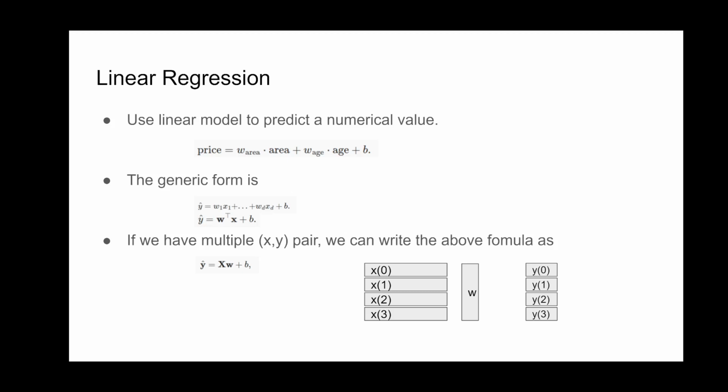We can collect a lot of samples from historical data to get pairs of data between the area of the house, the age of the house, and the price of the house. Then we try to build a model that uses the area and the age of the house to predict the price.